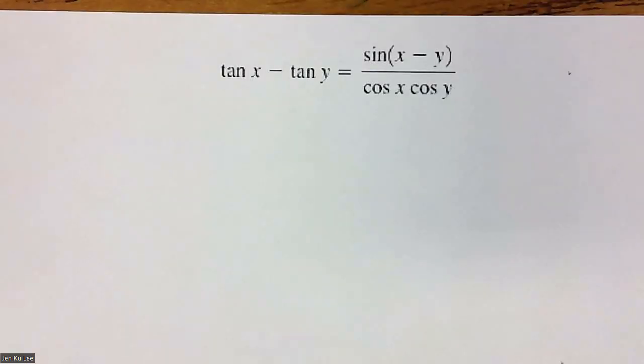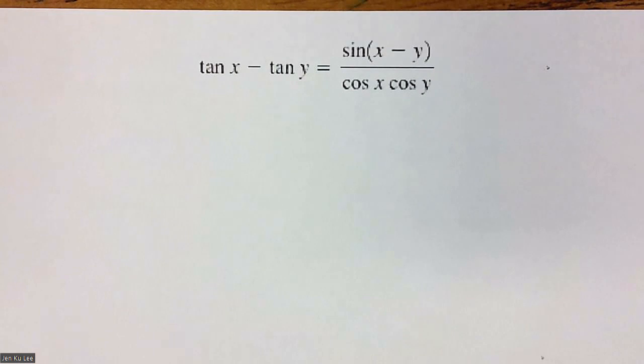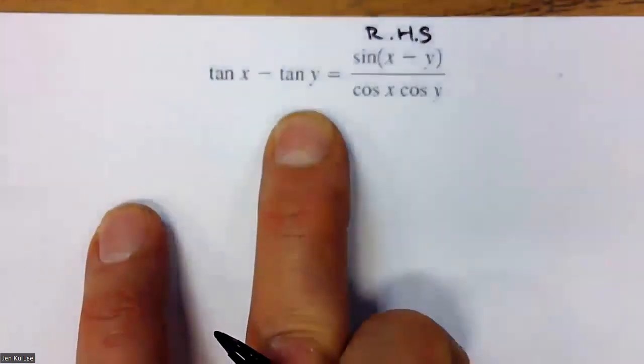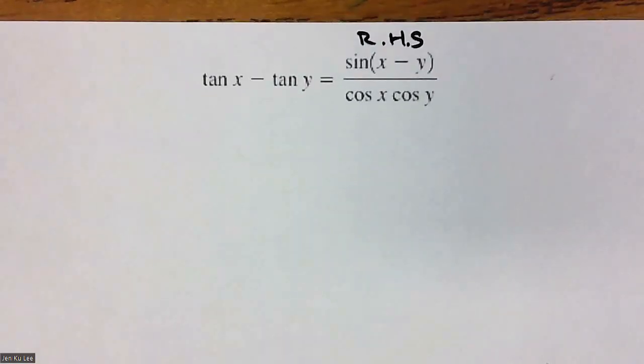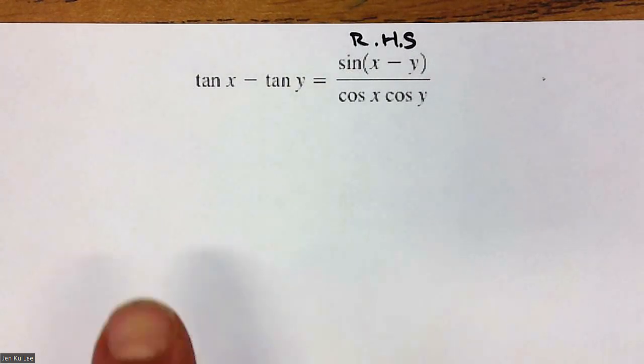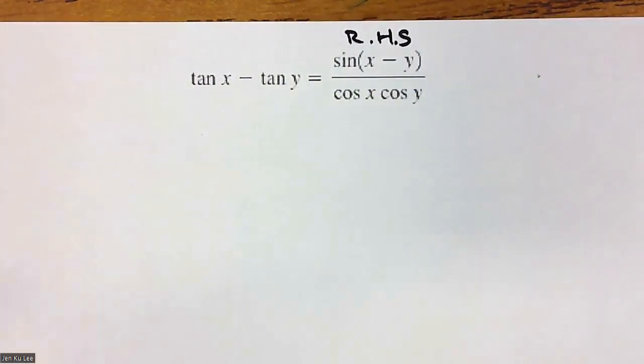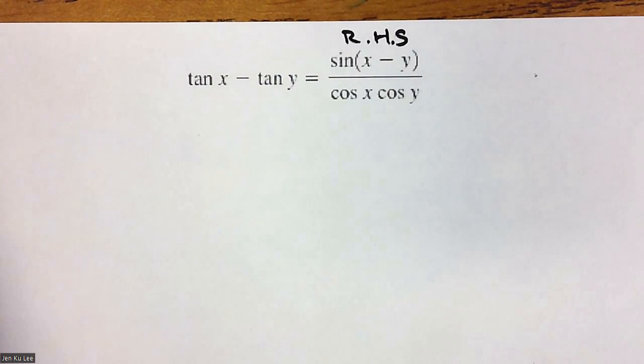So for this one here, we're gonna start off with the right hand side because it looks more complicated than the left hand side. This one is special because you can use the left hand side to get the right hand side, but I chose the right hand side to get to the left hand side.